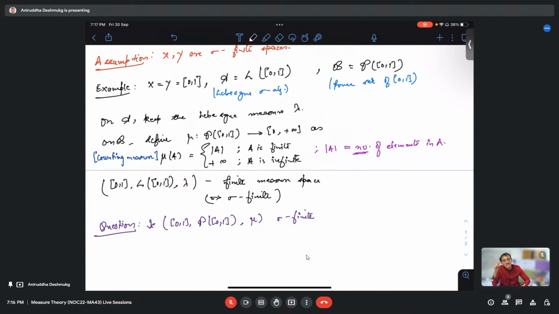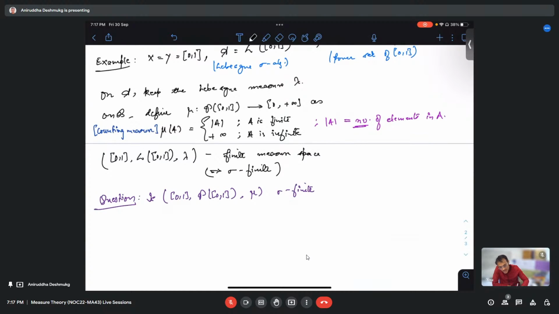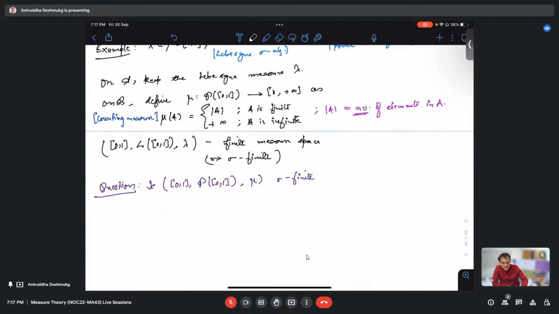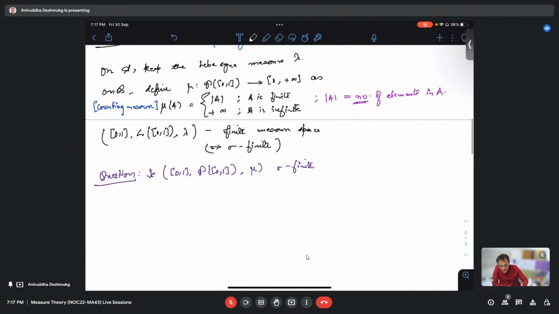If not, then all these sets are finite, and after some stage, the sets are empty. So in that case also, the total number of elements is the sum of the number of elements of the individual sets. So this is a measure. It is easy to verify. I will not do it here. What is more important is the question whether this measure space is sigma finite or not.